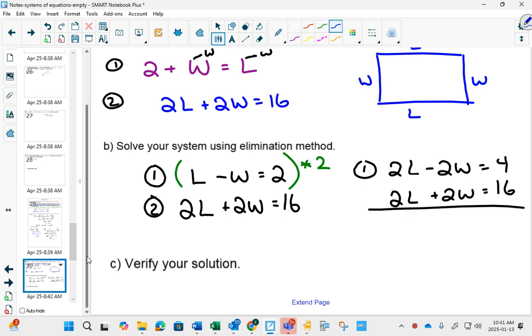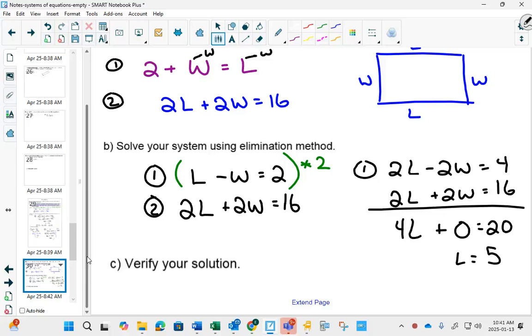And now I'm ready to eliminate. I can add my equations together. This will be 4L plus 0 equals 20. Divide both sides by 4, and I get L equals 5.